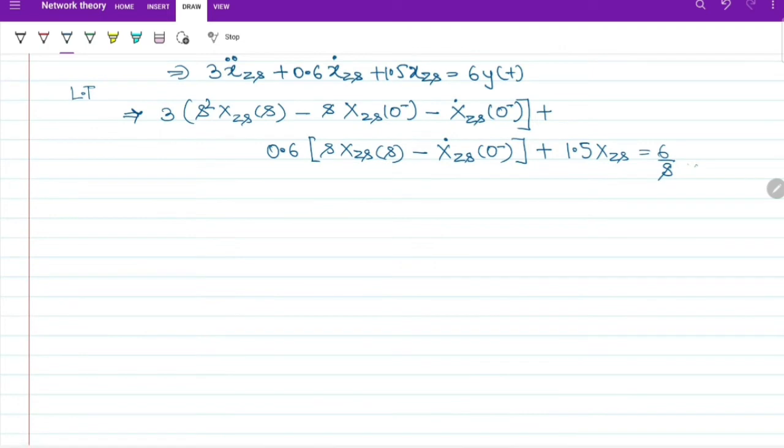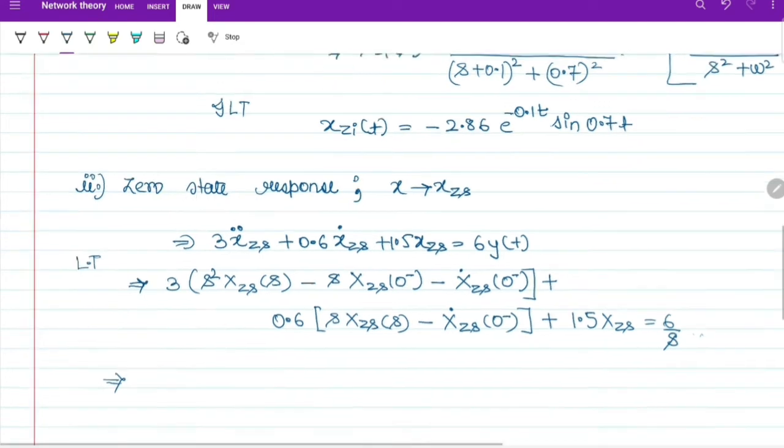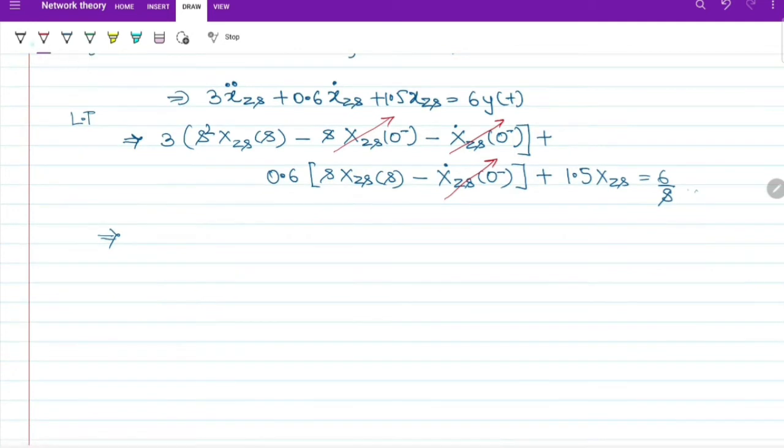Now we are taking the zero state response, so all the initial conditions in this equation will be equal to 0. So we can put this part of the equation equal to 0.